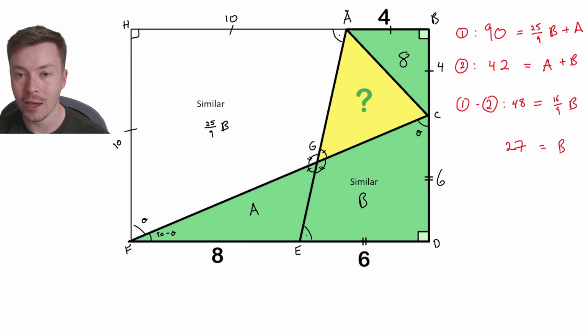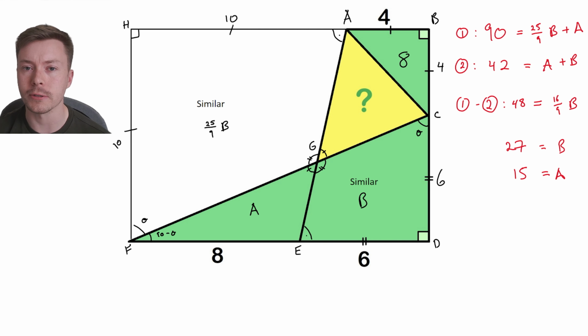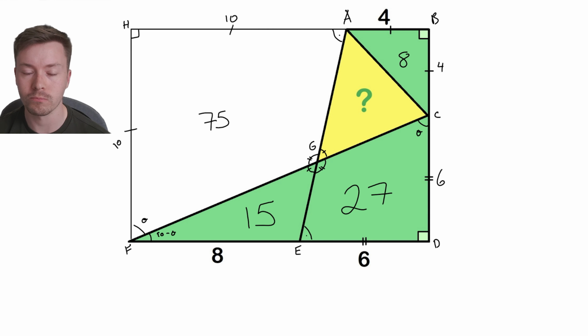And then we get A by doing, well, we've got with equation 2, A plus B is 42, 27 add something is 42, so A is 15. Now I've got all my areas, so let's label them and tidy everything up like we've done there.